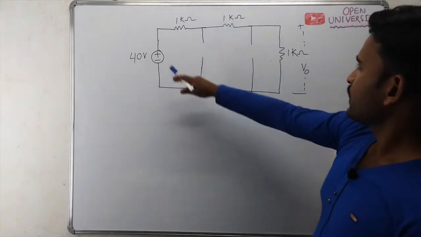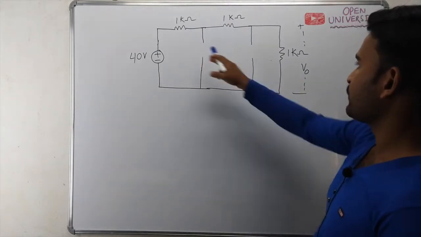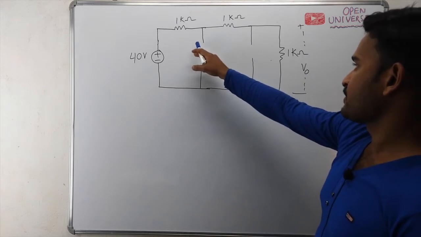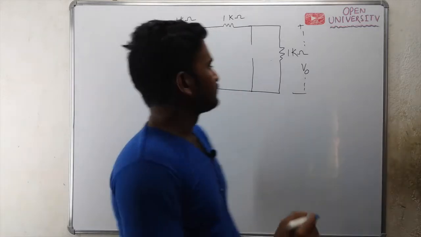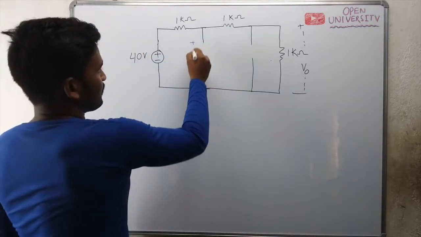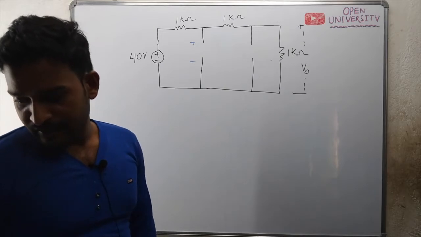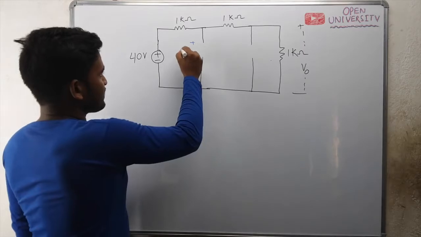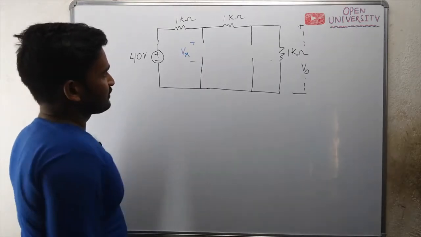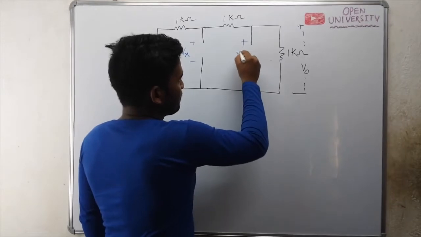Now all these resistances now are connected in series. So can you find out what is the voltage across this Zener diode? Okay, I am assuming this voltage as Vx, and this voltage as Vy.